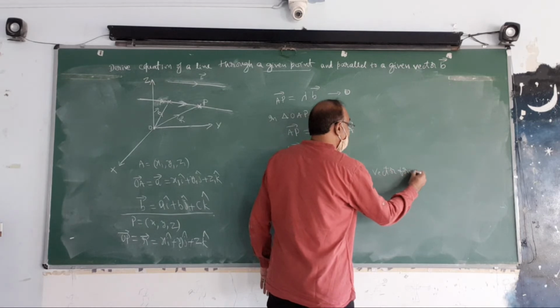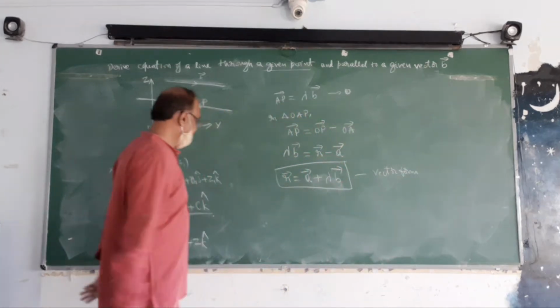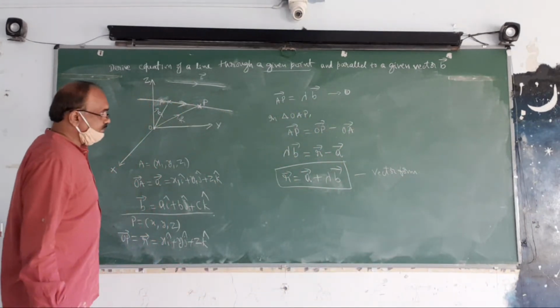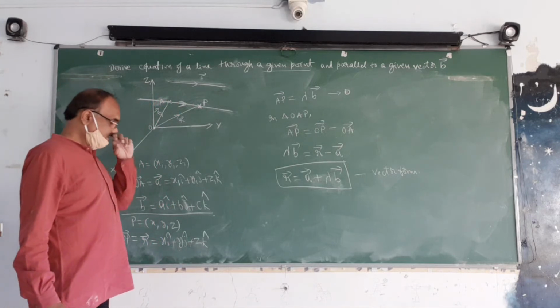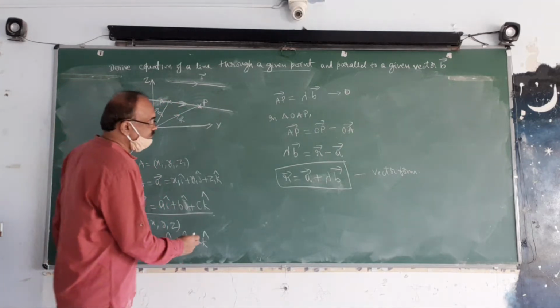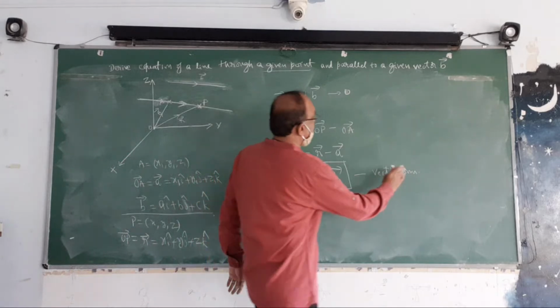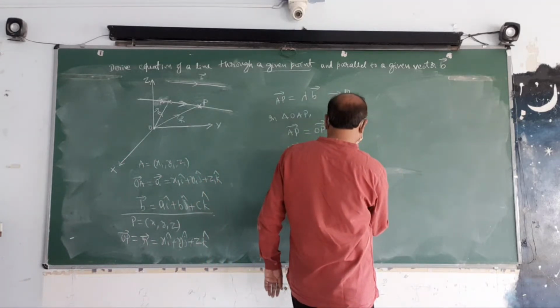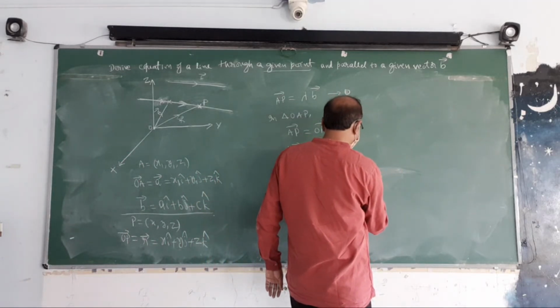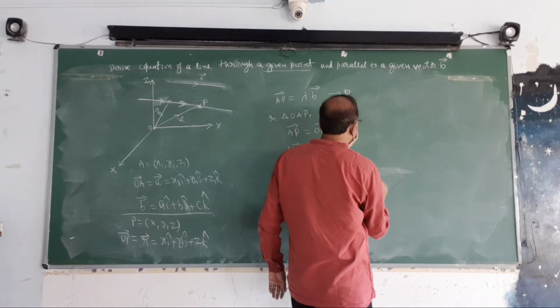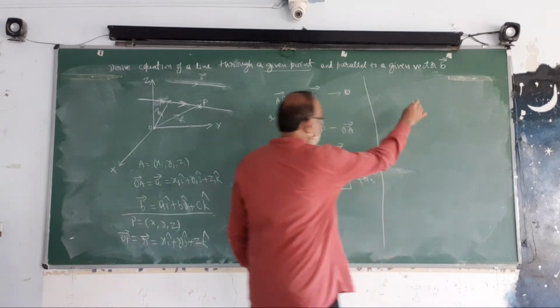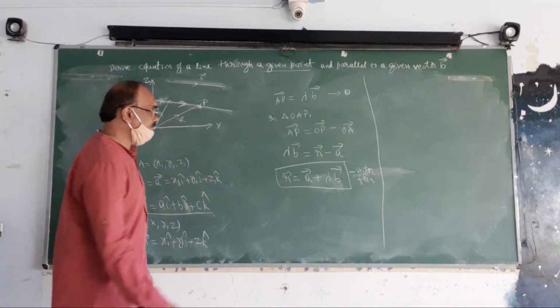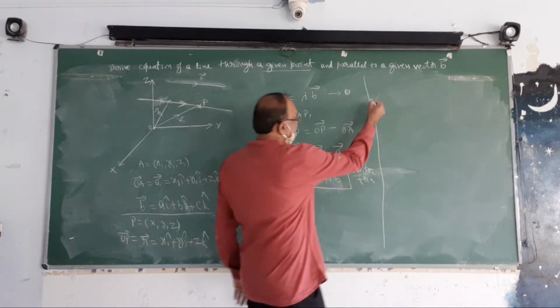Now can we do Cartesian form? This is vector form. I'll use this space for doing Cartesian form.